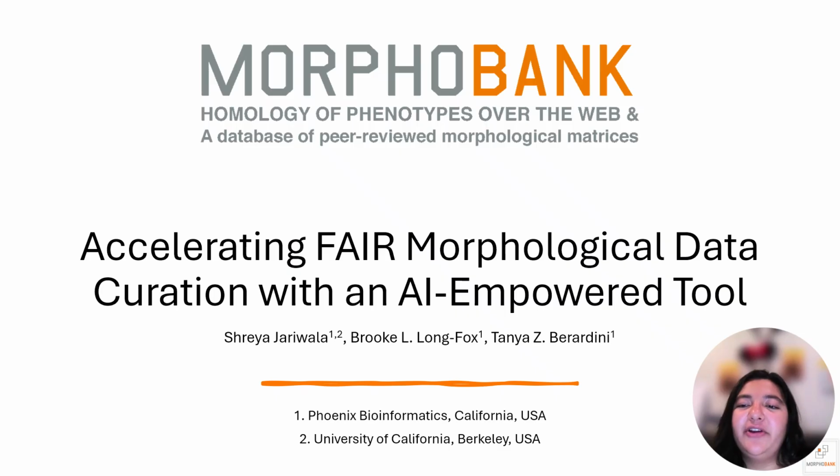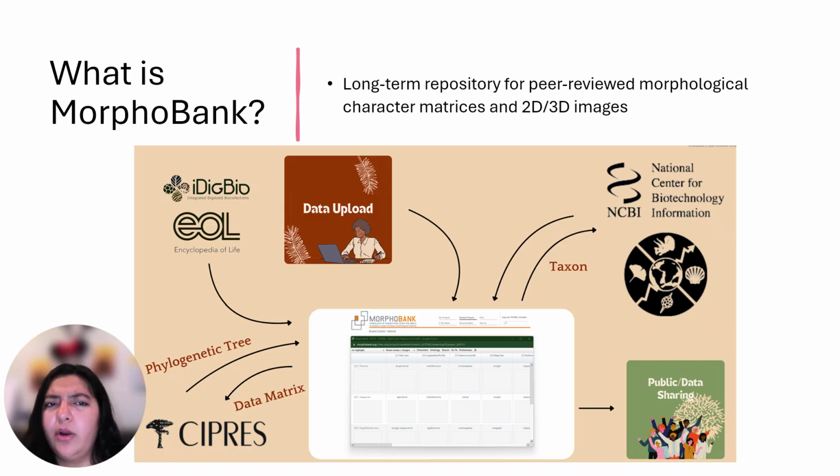And today I'll be sharing our work on Matrix Curator, which is an AI-powered tool designed to accelerate and improve morphological data curation. So let me dive really quick into what MorphoBank is. MorphoBank is a long-term repository for peer-reviewed morphological character matrices in 2D or 3D images.